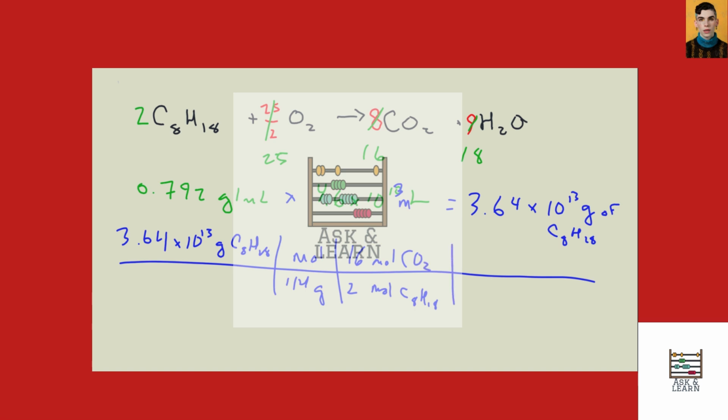And for every 1 mole of CO2, we get 44 grams of CO2. So multiply all that out using our ladder method here. We get 3.64 times 10 to the 13th power, we're going to divide by 114. We're going to multiply by 16 over 2. And we're going to multiply by 44.